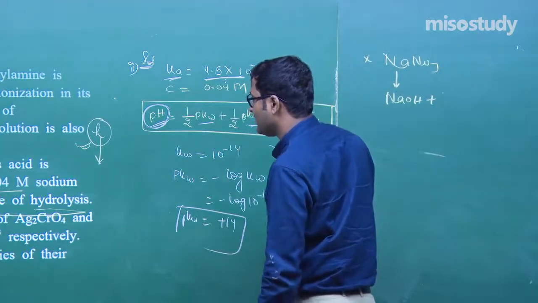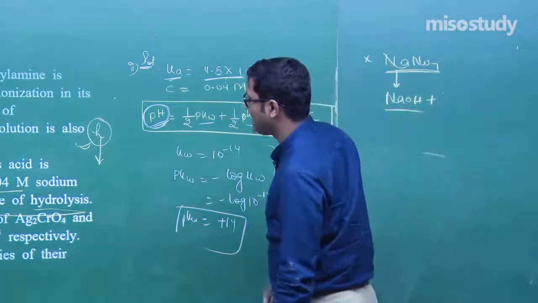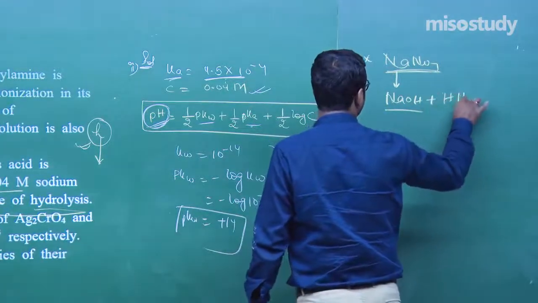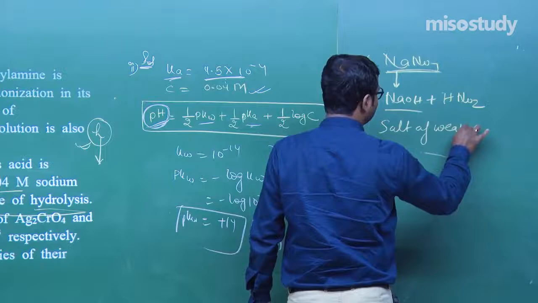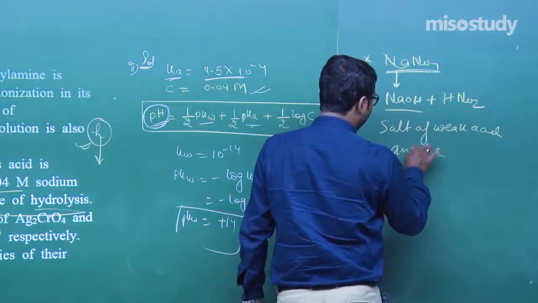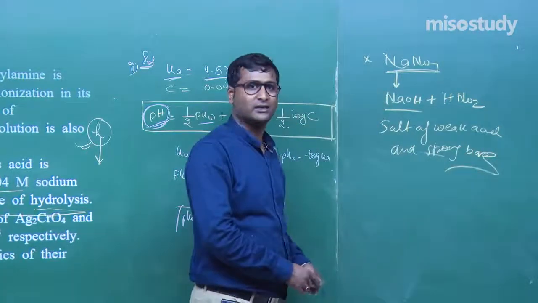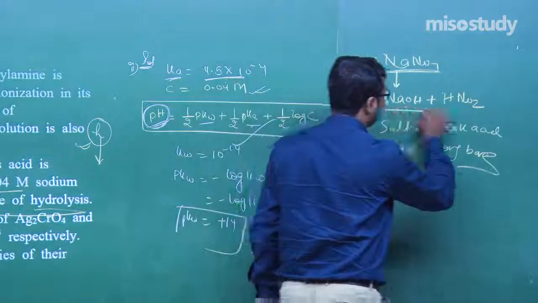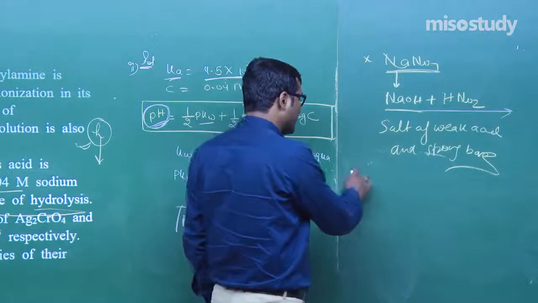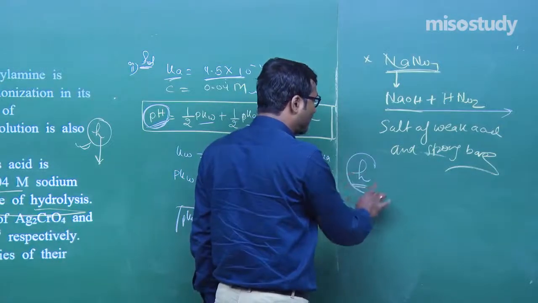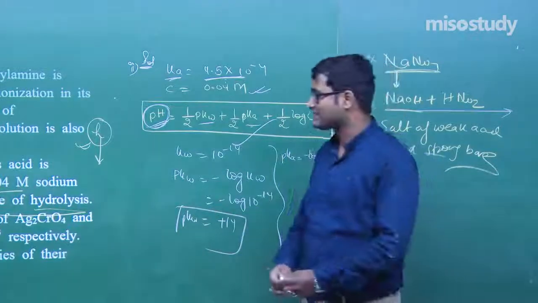It is a salt of weak acid and strong base. If there is a salt of weak acid and strong base, this is the pH. And if I proceed further, we get the relation for the degree of hydrolysis, represented by h. It is a big derivation, check out my theory and solve the question. Clear, my friend? Yes sir, you are absolutely right.